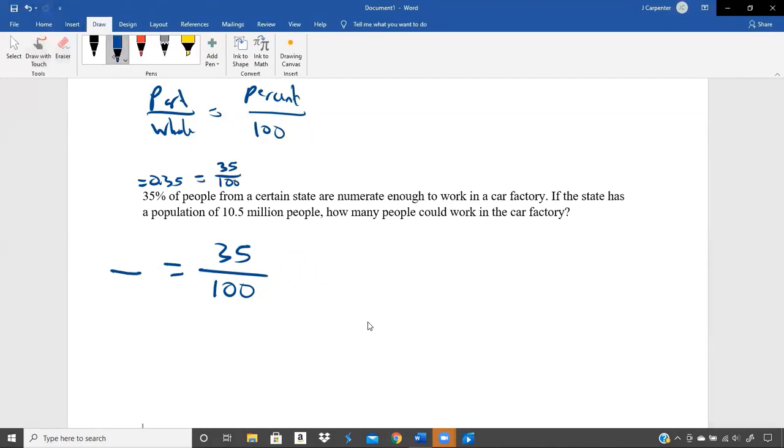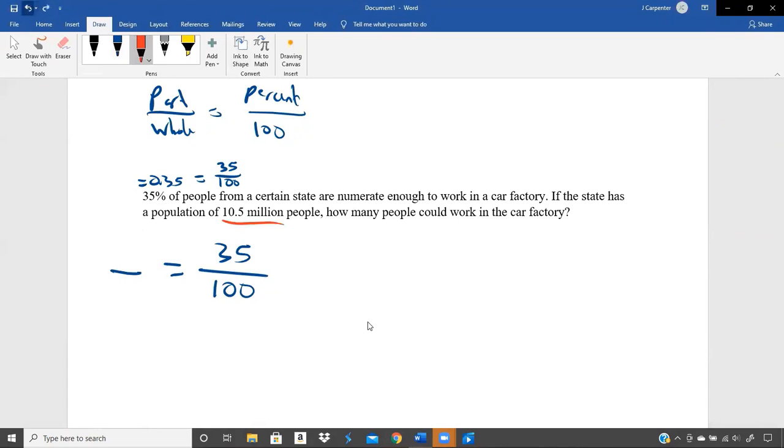This is really 35. That is why I was just practicing us writing percentage numbers as something over 100, because when you do this part to whole equals percent over 100, it's pretty common, and it gets you used to seeing that the percentage value is just the top of a fraction if the bottom's 100. That's why we did that. So the question we're having to ask ourselves now is, this 10.5 million people, is that the top or is it the bottom? Where does it go?